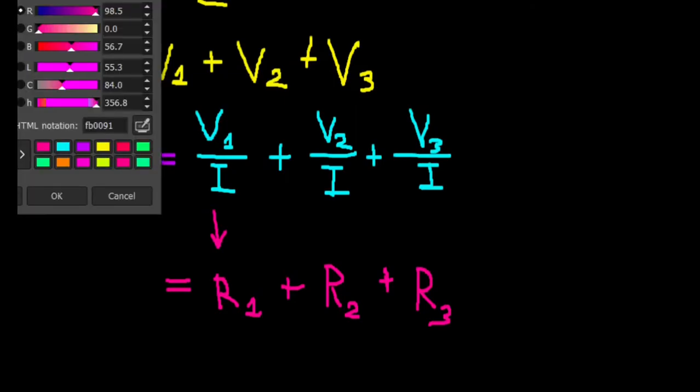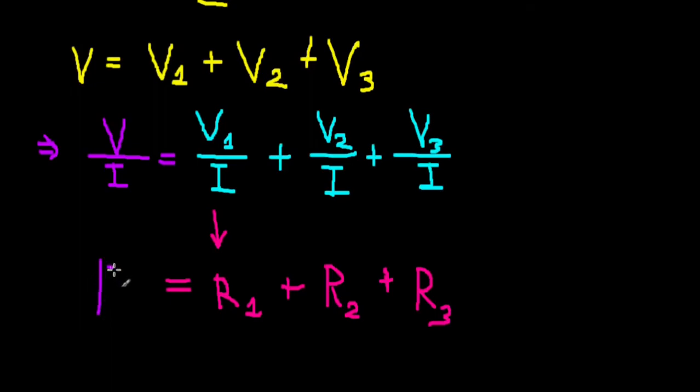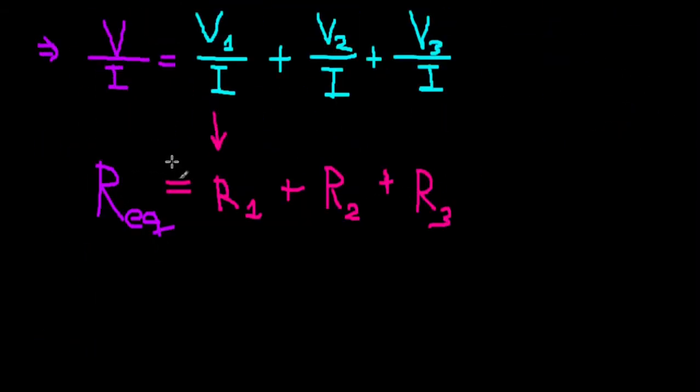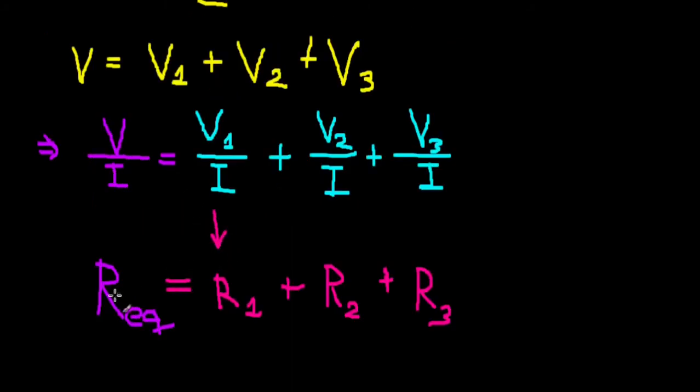So we have this fairly neat formula we just proved for the equivalent resistance in the series combination. It is equal to the sum of the individual resistances.